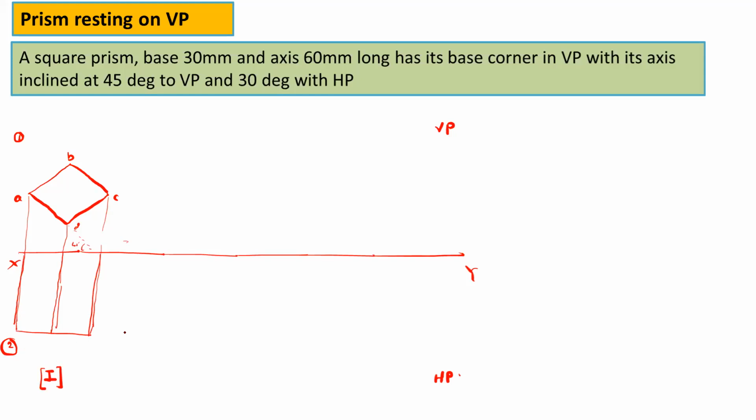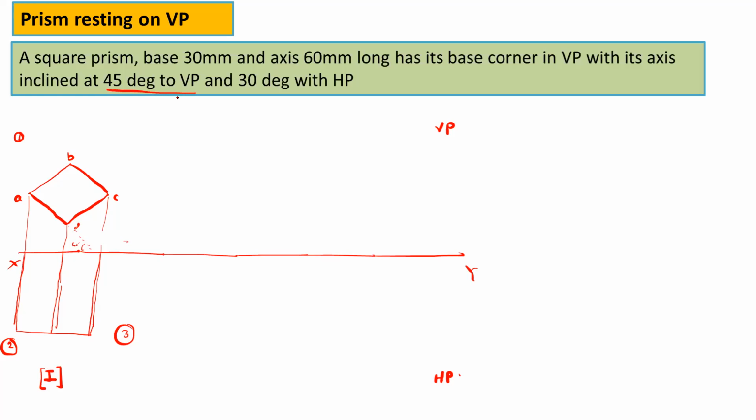After the second step, just rotate this top view from the first stage in the clockwise or anti-clockwise direction with the given angle of the axis. So you can observe here the axis is inclined at 45 degrees with the vertical plane. The inclination with the vertical plane, the axis inclination, is visible in the top view.